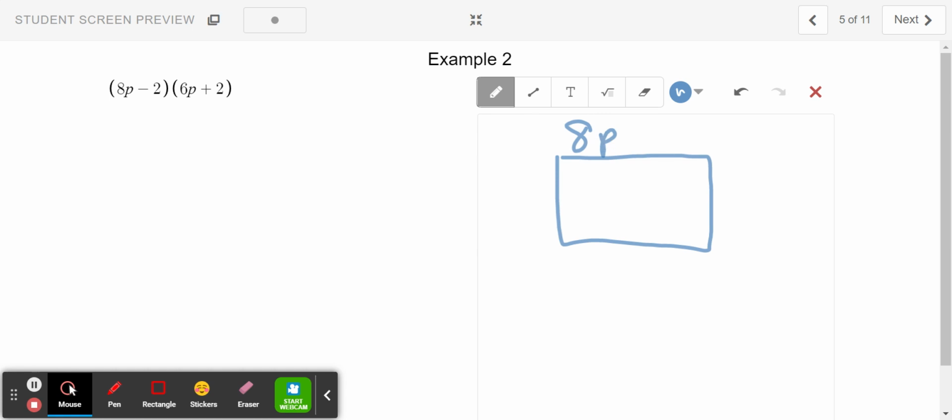So I have 8p minus 2, and I have 6p. And I like to put the pluses just so I'm really just putting my binomials or my polynomials across the top or down the side.